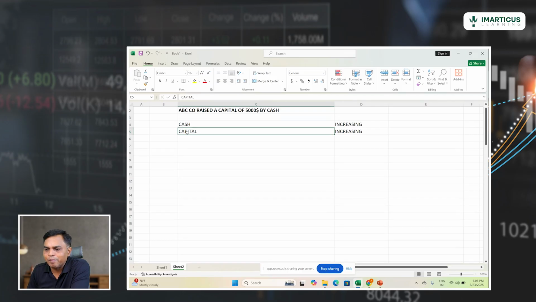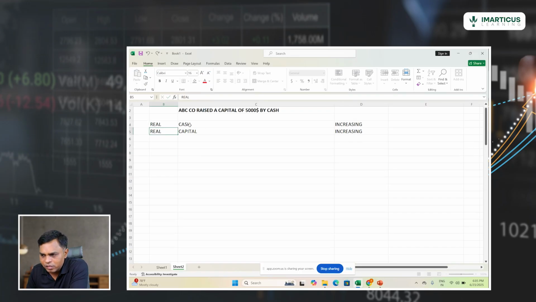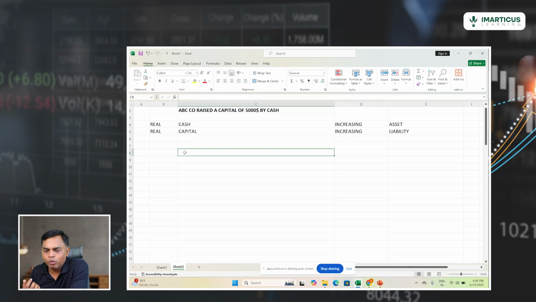Both cash and capital are real accounts. Cash is an asset for the company and the capital which is raised becomes a liability because that needs to be given back. Now applying this rule, apply the rule of a real account.